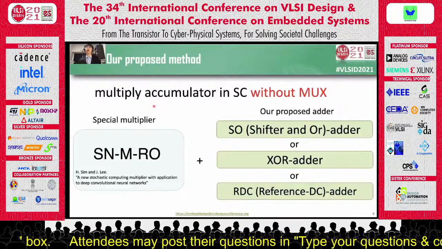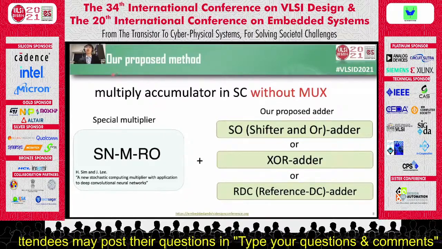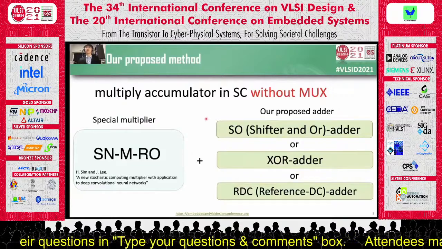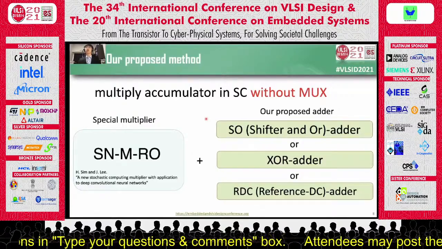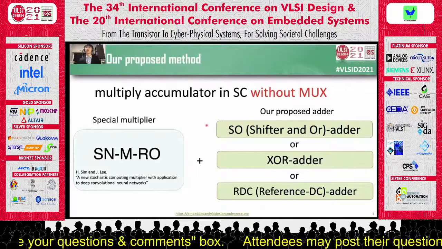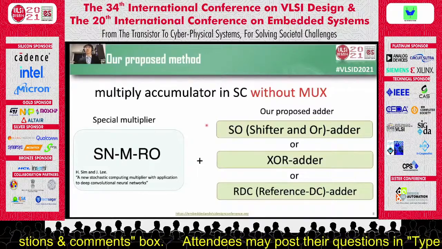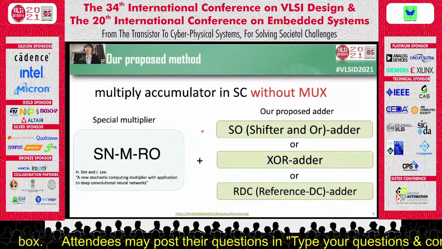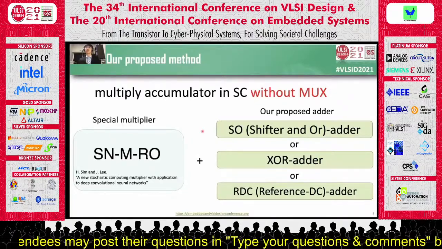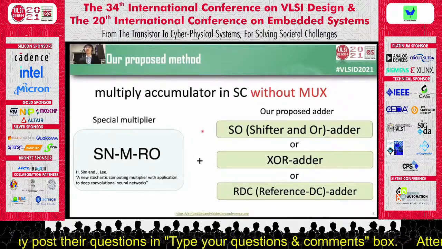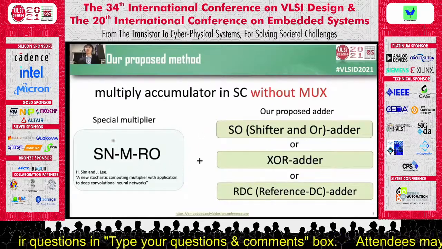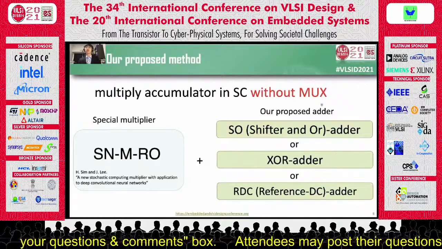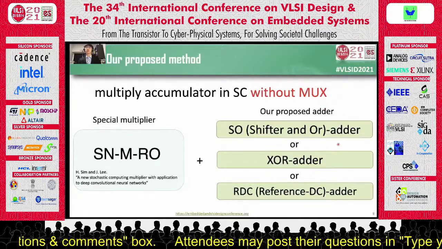Here, I would like to introduce our proposed method. Multiplier accumulator operations were performed using an AND gate and multiplexer in the conventional method. We realize multiplier accumulator operations with high calculation accuracy by combining a special multiplier called SNMRO with the three adders that we propose.